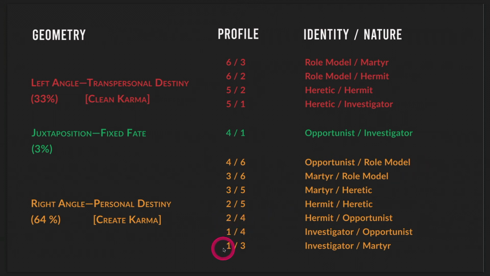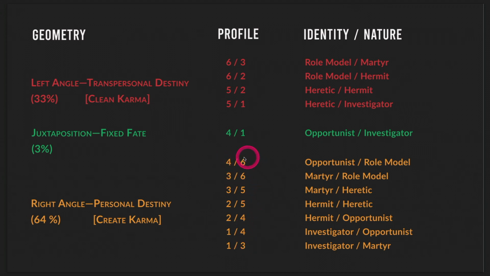And again, the way the 1-3 that we start with is sort of interesting because it's completely personal. Here we get a personal right angle profile that is built on 2 upper trigram lines, right? The opportunist role model, which makes this a really unique profile, right?